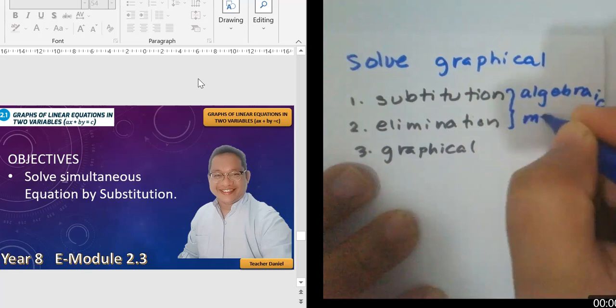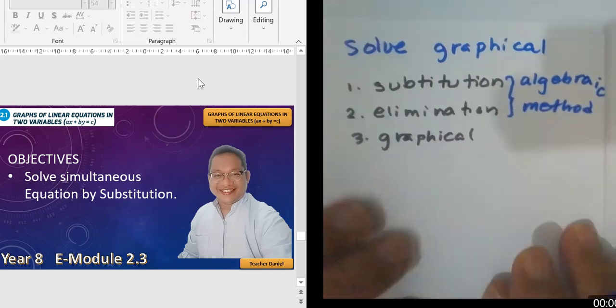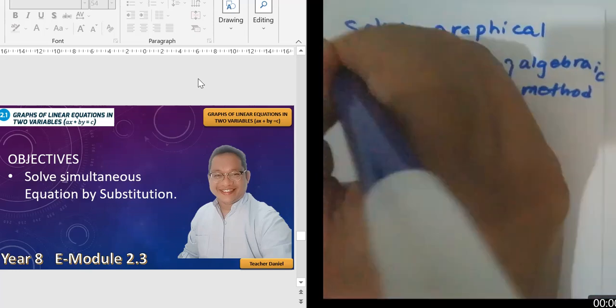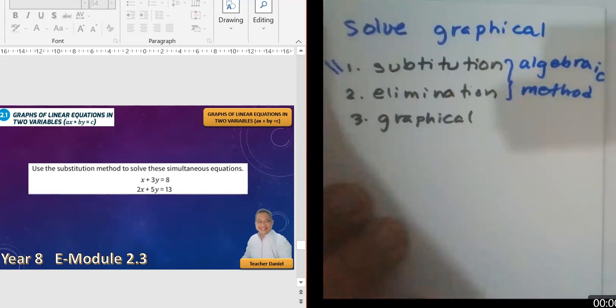These are algebraic methods in solving simultaneous equations. So in this video, we're going to look at solving simultaneous equations by substitution. Please listen very well as I give you some examples.